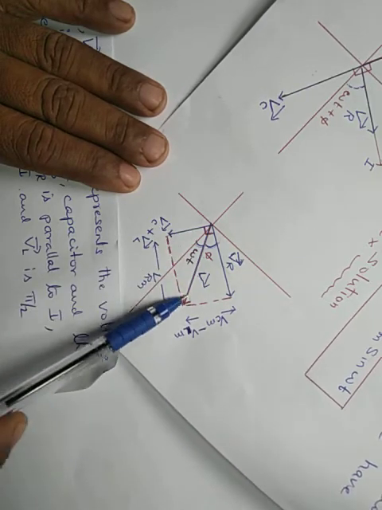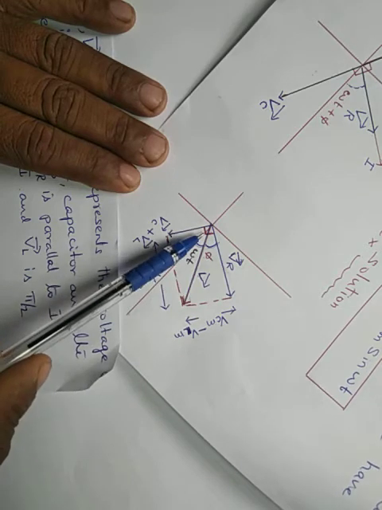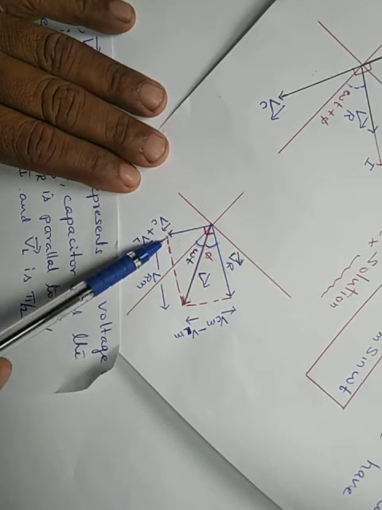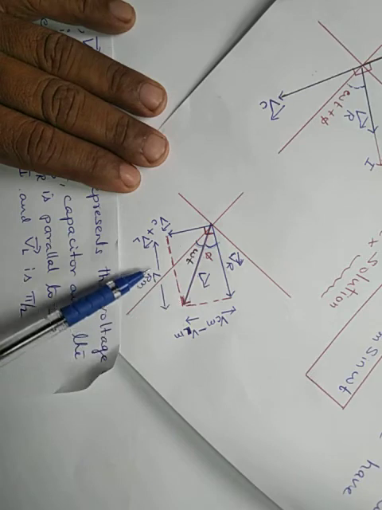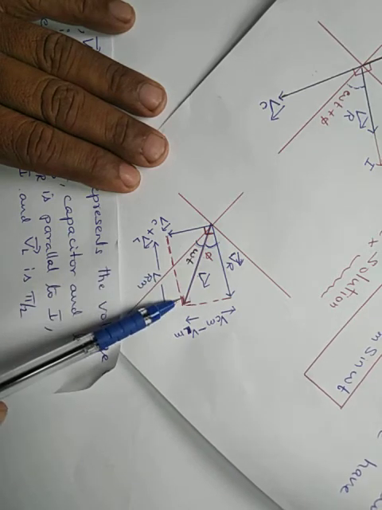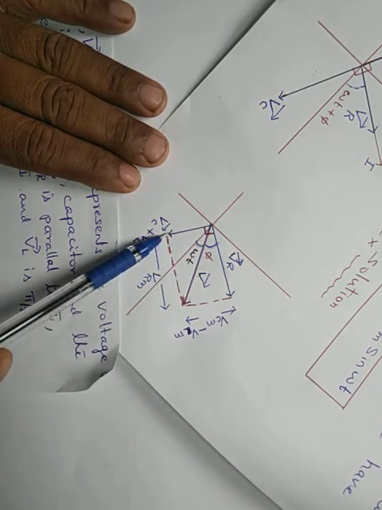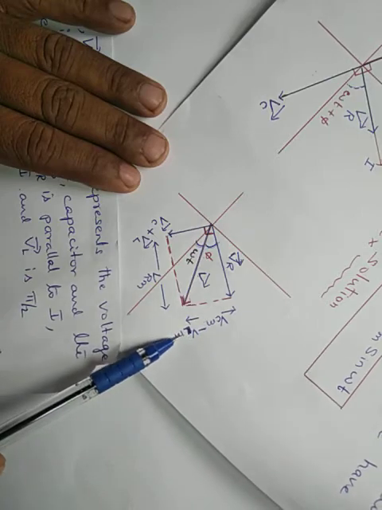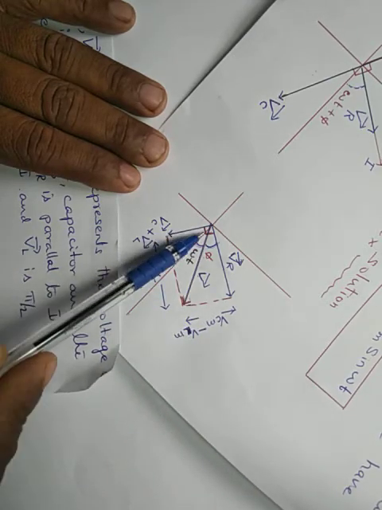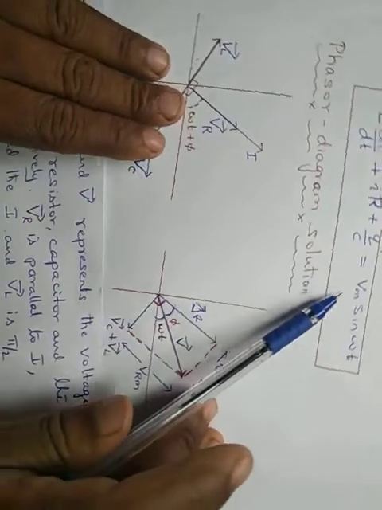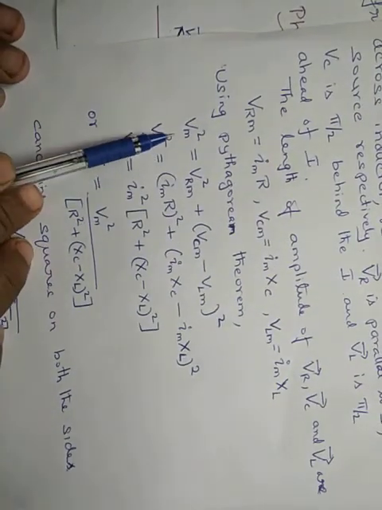Using the Pythagorean equation, the square of the hypotenuse equals Vrm square plus this length, Vcm minus Vlm, whole square, equal to V square. Clear? So that is the equation we have written here.